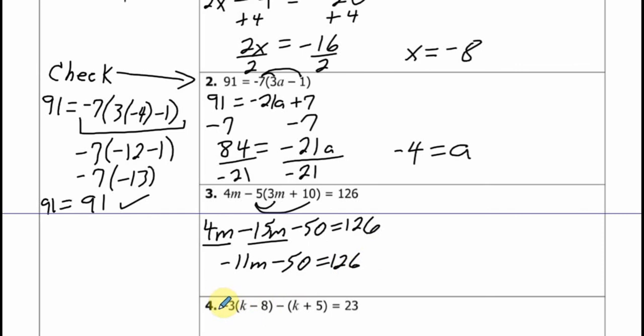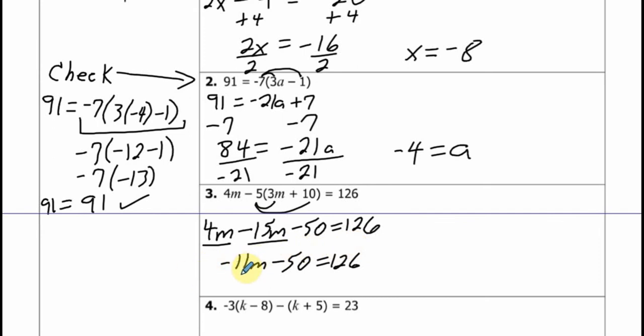All right, we've done step 1, got rid of parentheses, slash grouping symbols. Step 2, we combine like terms. Only if they're on the same side. I did not combine the negative 50 with the 126. There's an equal sign separating them. I cannot combine left side with right side.